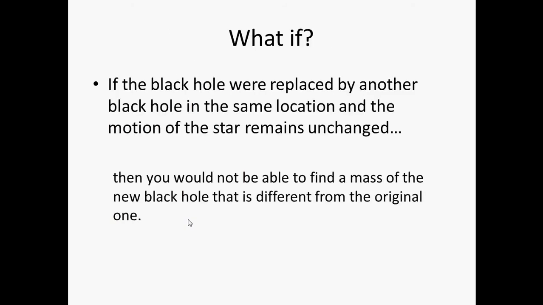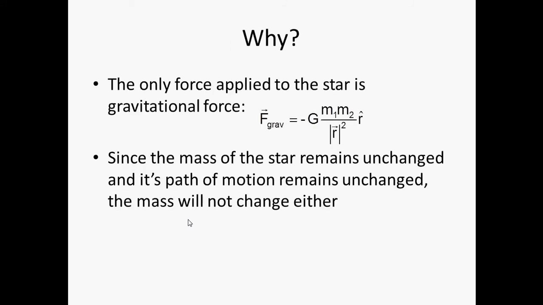So what if the black hole were replaced by another black hole in the same location and the motion of the star remained unchanged? Then you would not be able to find a mass of the new black hole that is different from the original one. So why does this happen?